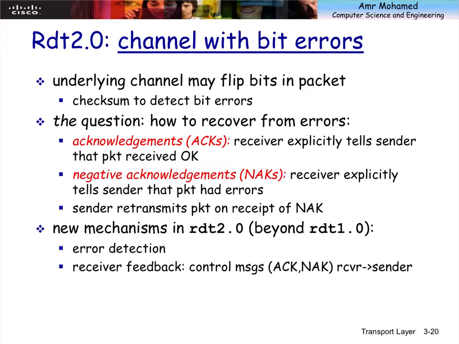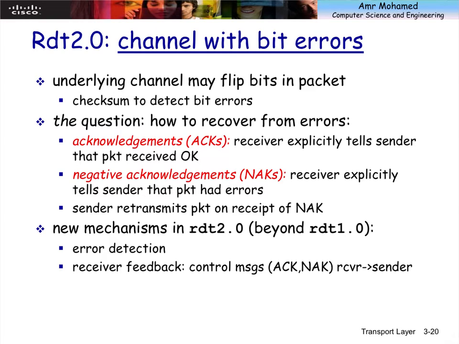So that's the first level of unreliable channel. So here, we can approach this problem from two possibilities really. We can say that if a packet arrives and it's corrupted, the receiver will send what we call a negative acknowledgement.